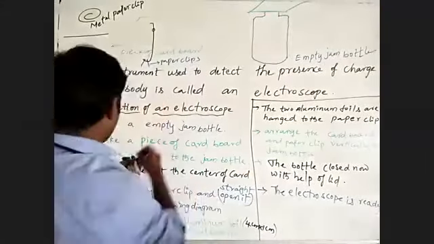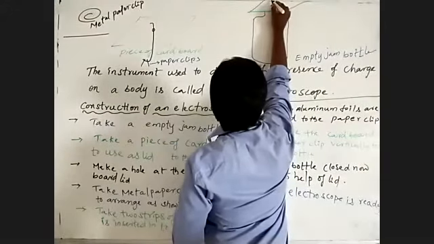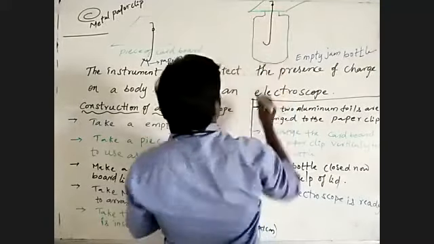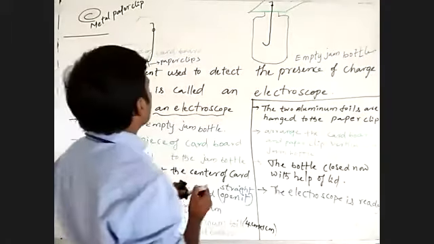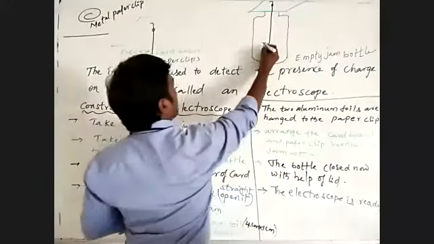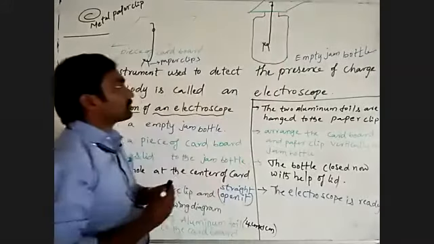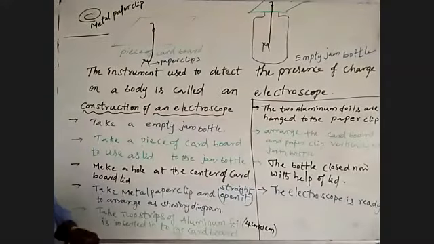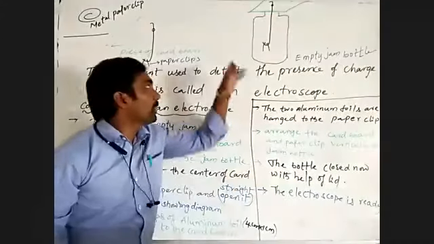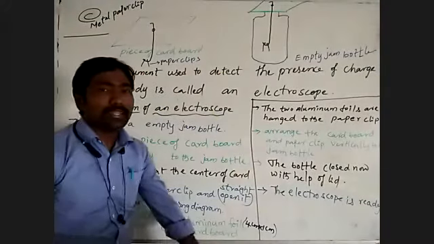We made a hole and the paper clip is placed like this, and those aluminum foils are arranged alike. By that we arranged the equipment, the bottle closed now with the help of a lid. So what happened? The electroscope is ready.